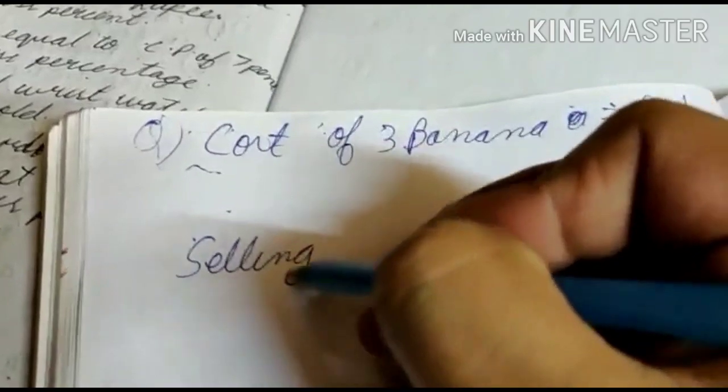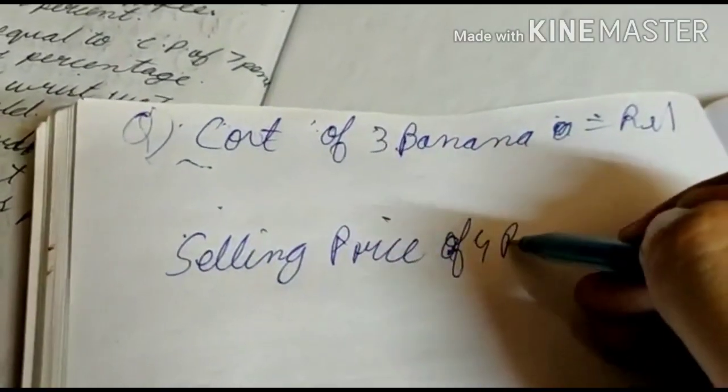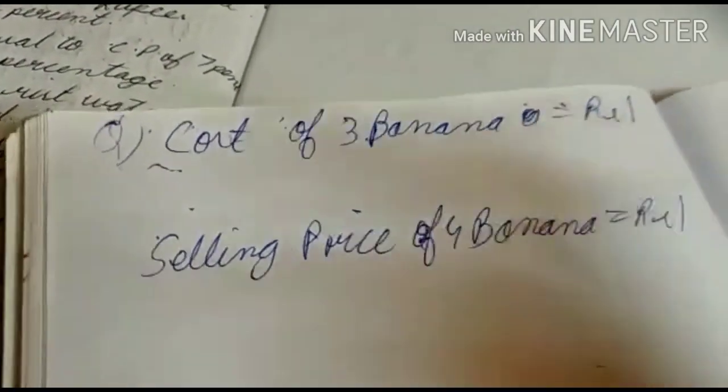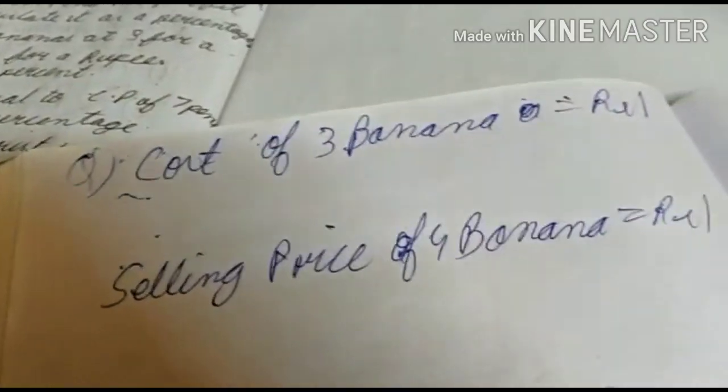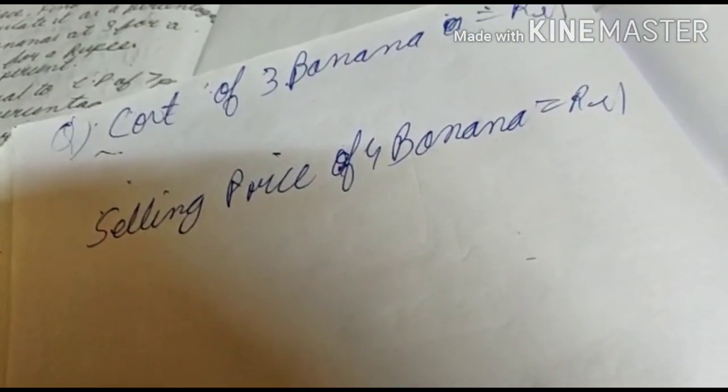Selling price of 4 bananas is also rupees 1. Like in the last question we had done, we had to compare the price of SP and CP of cycles.